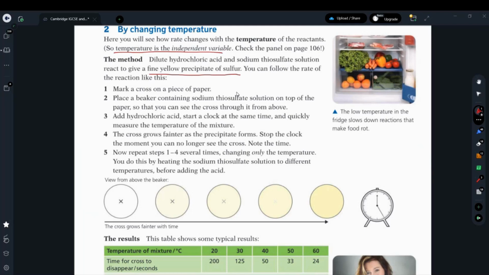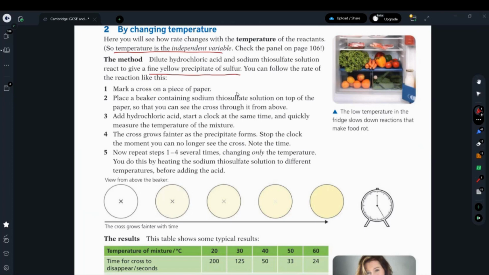Mix and quickly measure the temperature of the mixture. So you must have a thermometer. You can put a thermometer inside, add HCl and start the clock. These three things have to be done very, very quickly. You cannot wait for about 5 seconds or 10 seconds. Within a second or two, you have to quickly adjust every single thing.